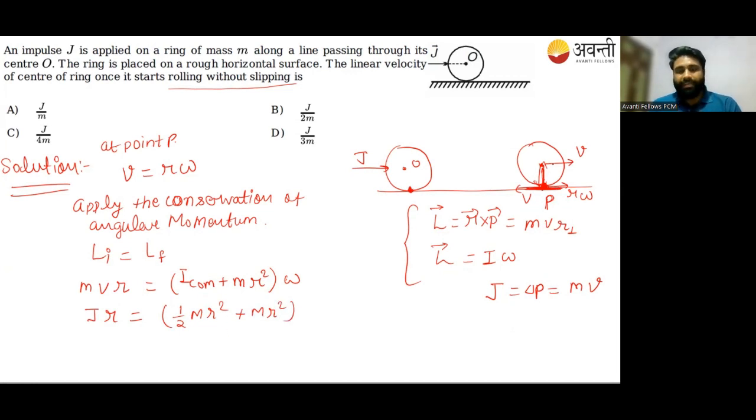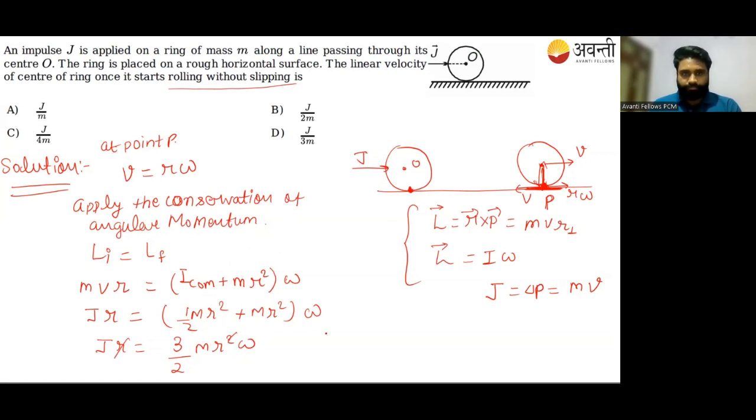Sorry, for the ring about the center of mass, the moment of inertia is mr square. I realize it; sorry for this. For the center of mass of the disc, it is 1 by 2 mr square. So it is 3 by 2 times mr square into omega. R and R have cancelled out. R omega is equal to V.